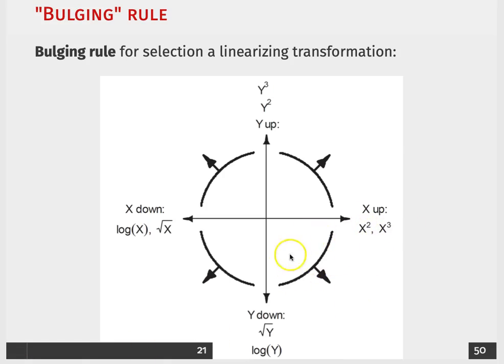Just like the example that we had in the previous slide, in which the relationship was going from the origin and going up like that, we took either the square root of our outcome or we squared our covariate to make the relationship more linear.